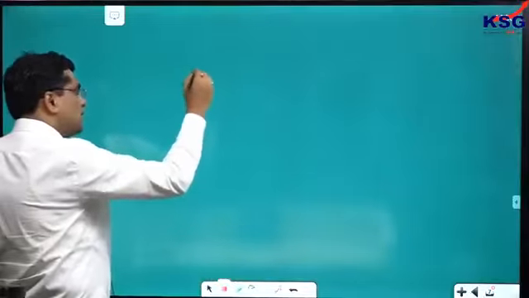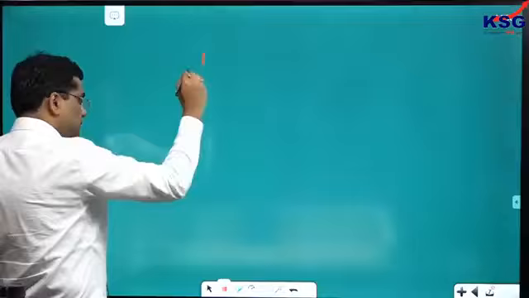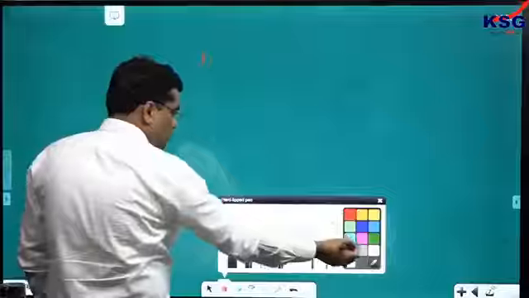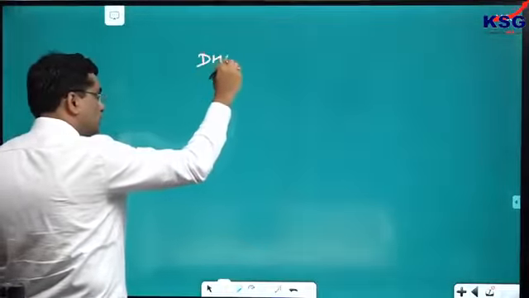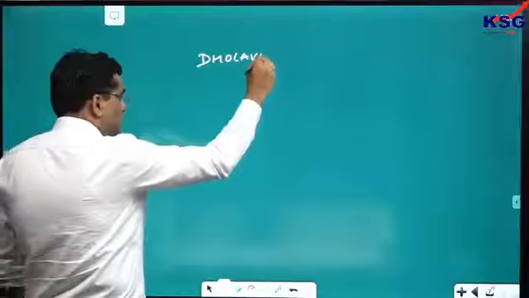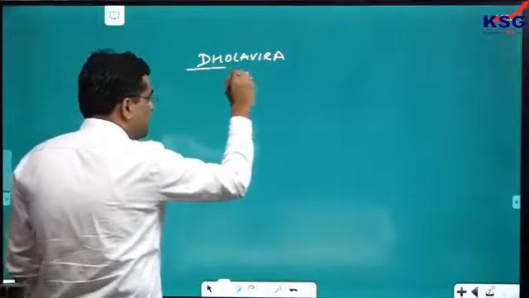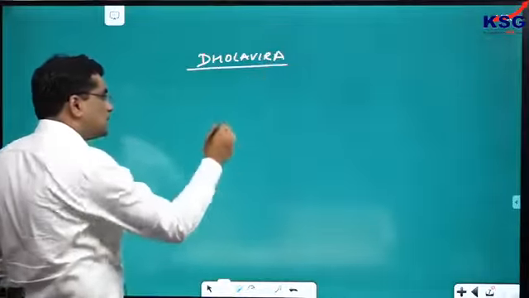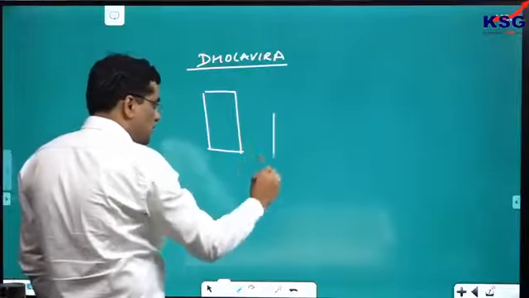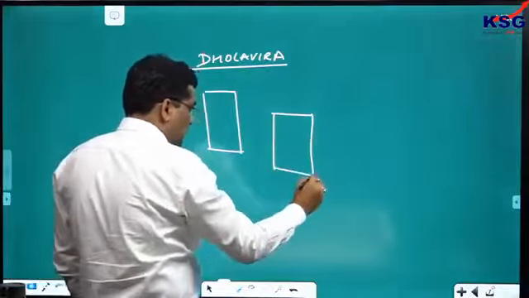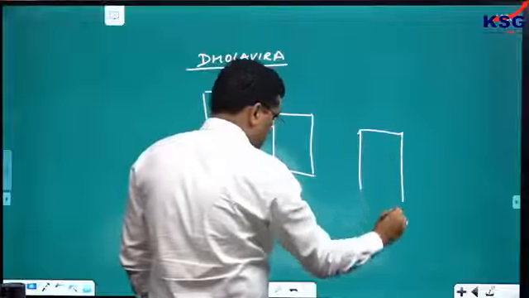Some places, like there is a place in Gujarat, which is a Harappan site, Dholabira. In Dholabira, we have three-tier cities. First is Citadel, second is Middle Town, and third is Lower Town.